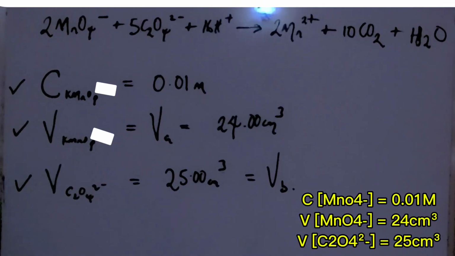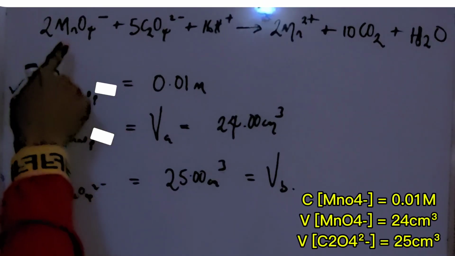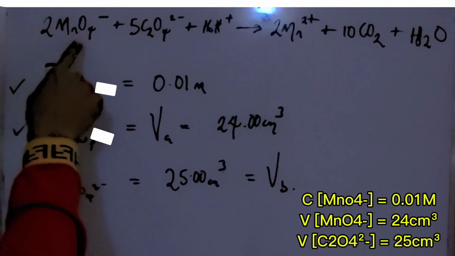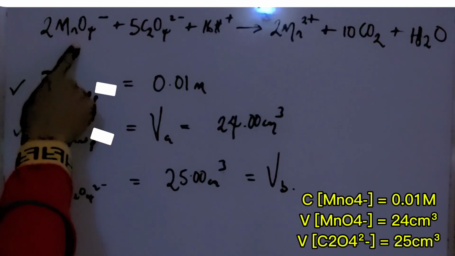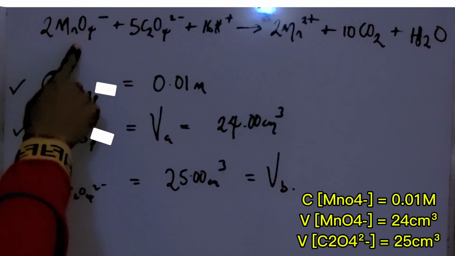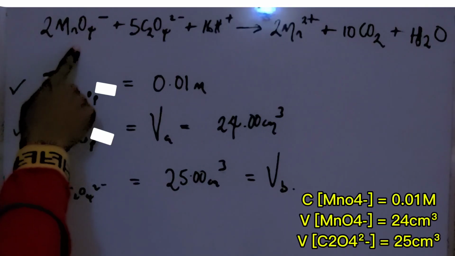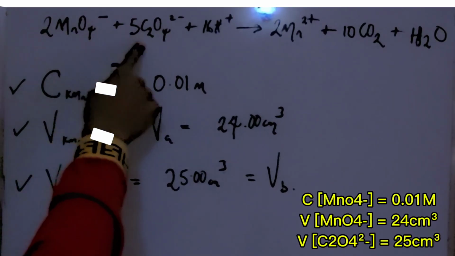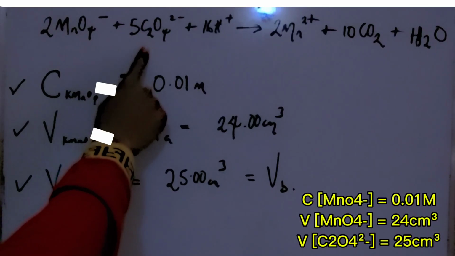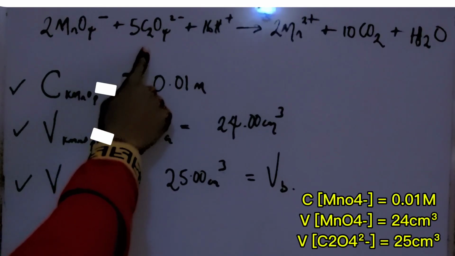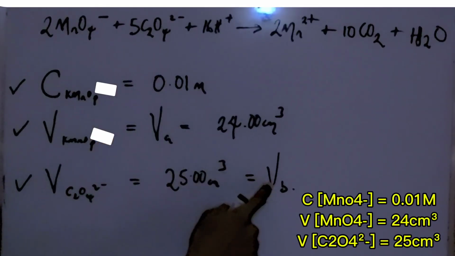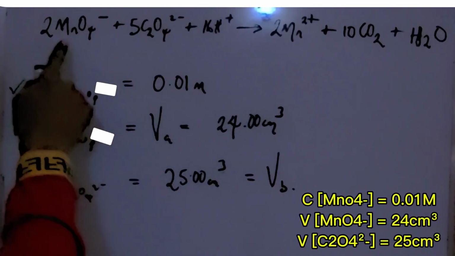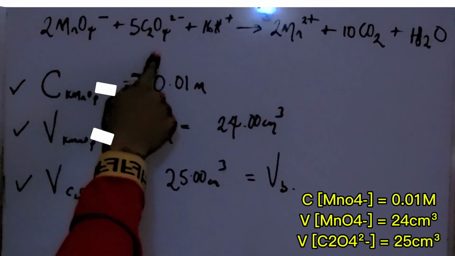I'm going to give you an insight. Now look at this reaction. If you look closely here, 2 moles of the permanganate, which we introduced into the burette, required 5 moles of the oxalate, which we introduced into the conical flask. Can you see this? This is 2 moles to 5 moles.